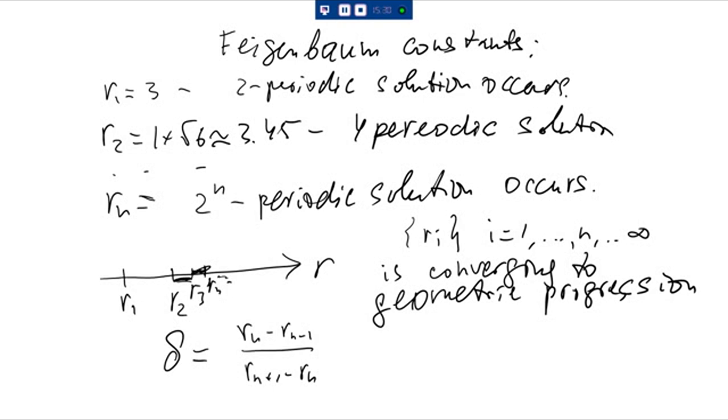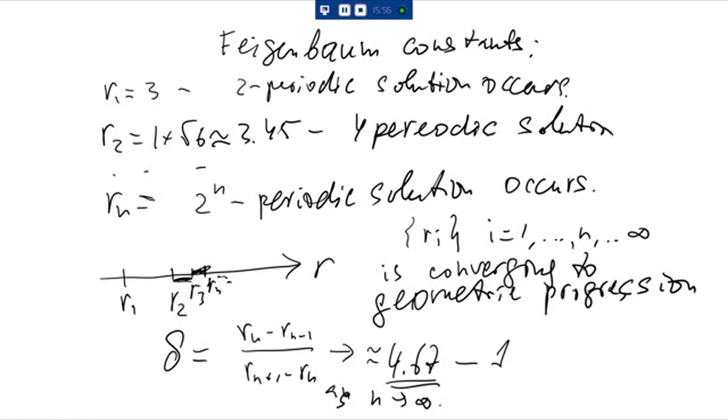So this tends to roughly 4.67 as n tends to infinity. So this is the common factor for the geometric progression. This is called the first Feigenbaum constant.